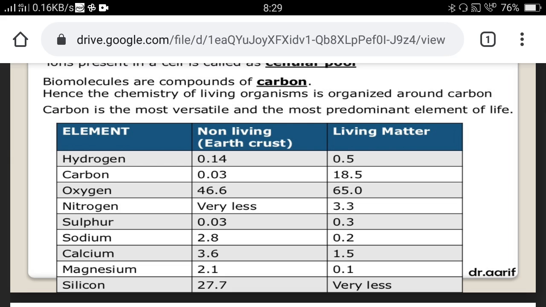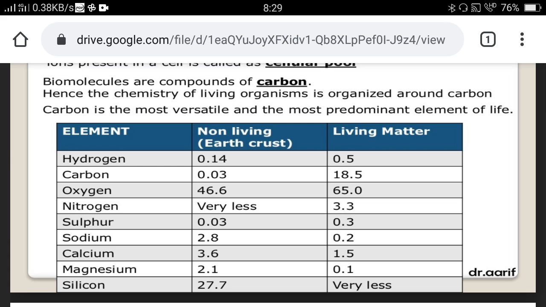See the presence of different elements in our body. Hydrogen, that is present 0.5%, and in the earth crust it is 0.14%. Carbon 0.03% in the earth crust, and in our body it is 18.5%.